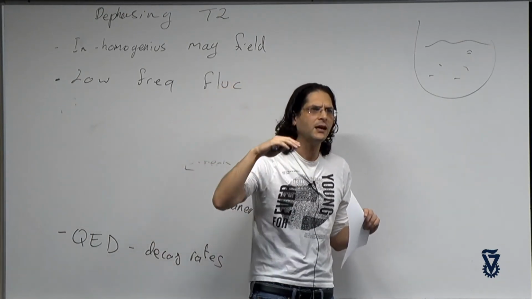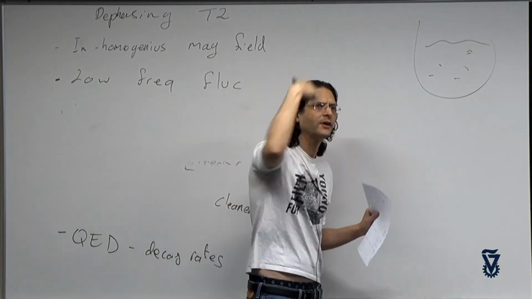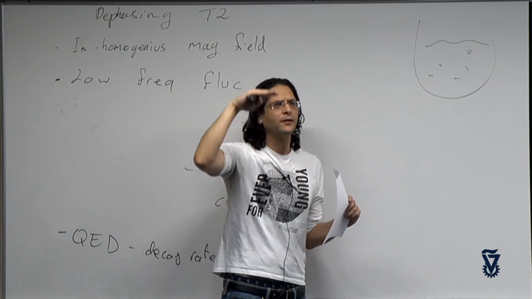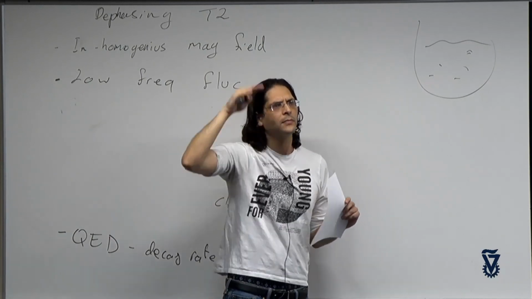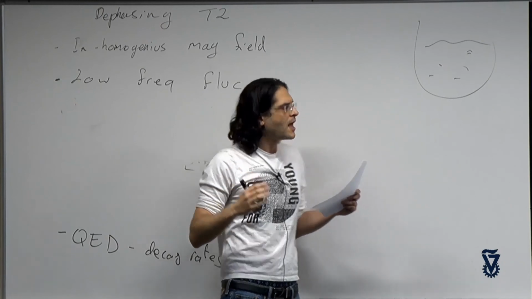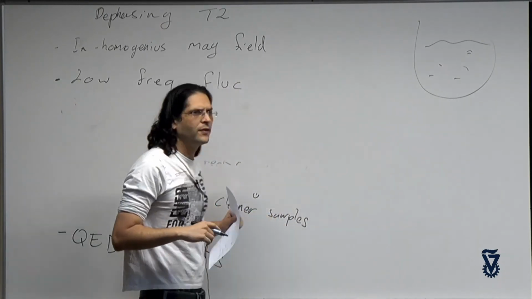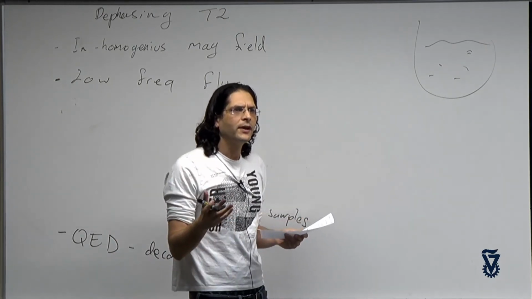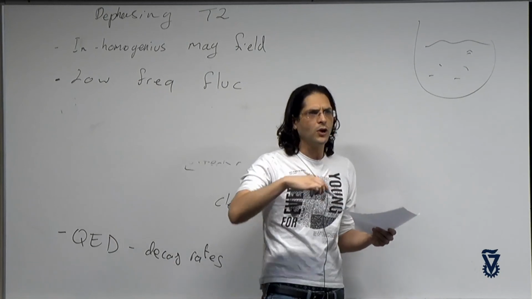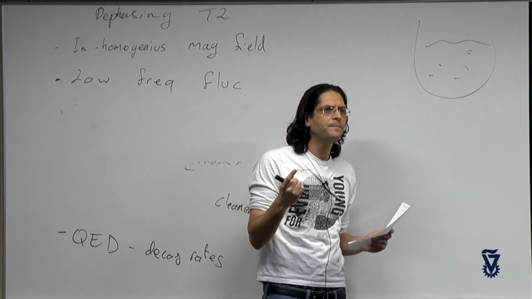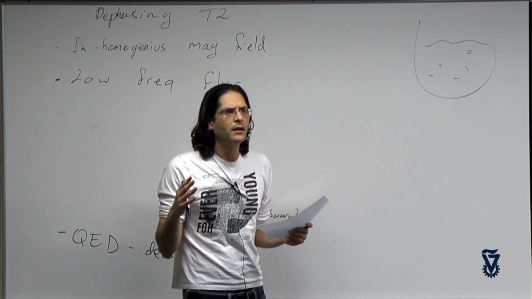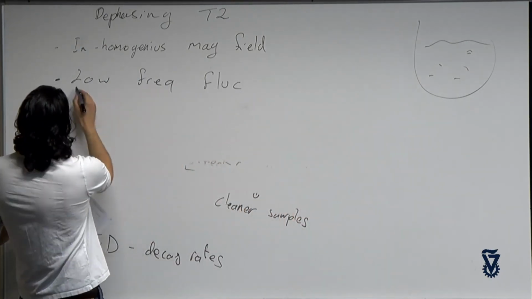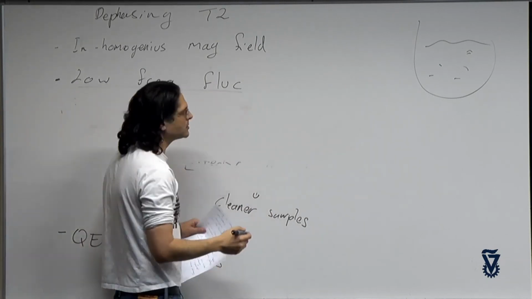So every time you reiterate your experiment, every time it's sending in a pulse, the pulse is being sent at a slightly different frequency. But you don't know this. And this will also be a cause of dephasing. Also, if the current source that's driving your DC magnetic field is fluctuating, then your DC field will be fluctuating, and that will also cause it. So in general, you can have these low frequency fluctuations.